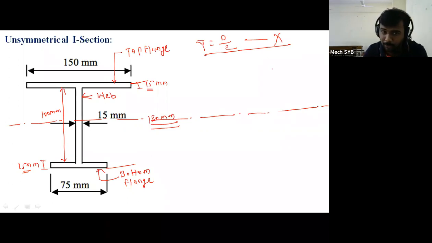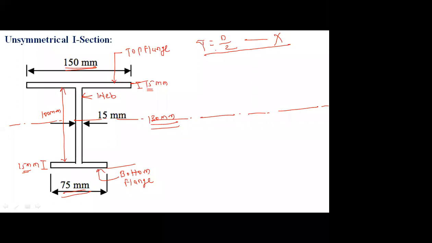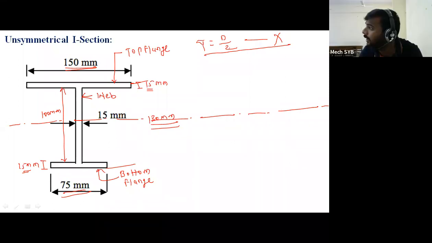If you consider the upper portion of the neutral axis, you get a T section, right? If you consider the lower portion of the neutral axis, you get a T section. But the dimensions of the upper T section are larger. Why? If we consider the upper T section of the neutral axis, what is its width? 150 mm. And what is the width of the lower one? 75 mm. Is it symmetrical about the x axis? No. Therefore, we cannot use the direct formula y bar is equal to capital D divided by 2.